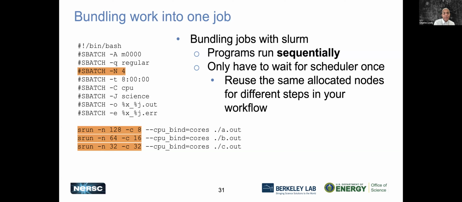This is a simple way, if you have different executables you need to run, different simulations or experiments, to bundle them together and execute them appropriately based on the constraints that you need. You'll just want to denote whichever job has the maximum constraints and use that as the limiting factor. So that's one way to bundle multiple jobs together.